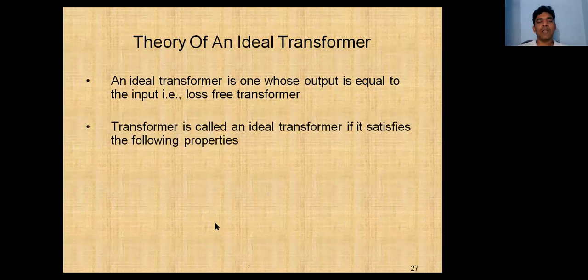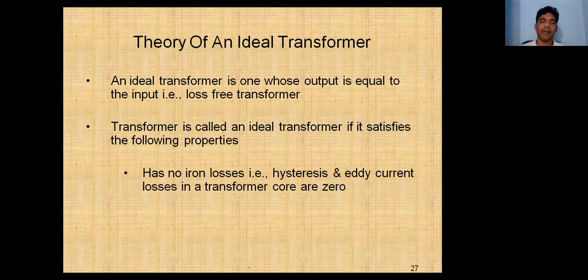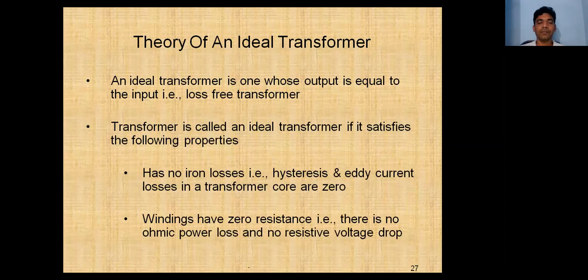The transformer is called an ideal transformer if it satisfies the following properties. It has no iron losses, that is, hysteresis and eddy current losses in a transformer core are zero. Windings have zero resistance, that is, there is no ohmic power losses and no resistive voltage drop.